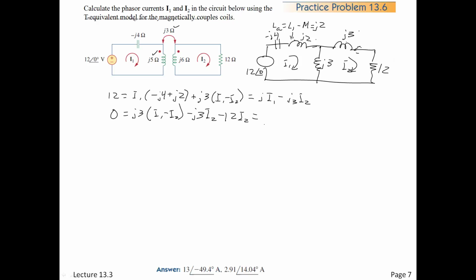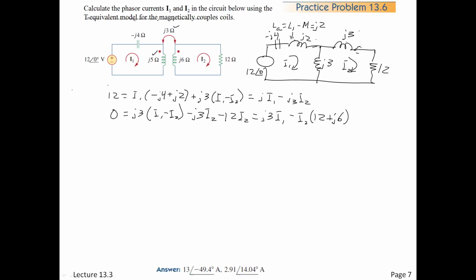And we'll pull all this together as J3 I1 minus I2 times 12 plus J6. Okay, that's minus 12 minus J3 times it, pulling out the minus. Okay, so we're good. Those are two good equations.